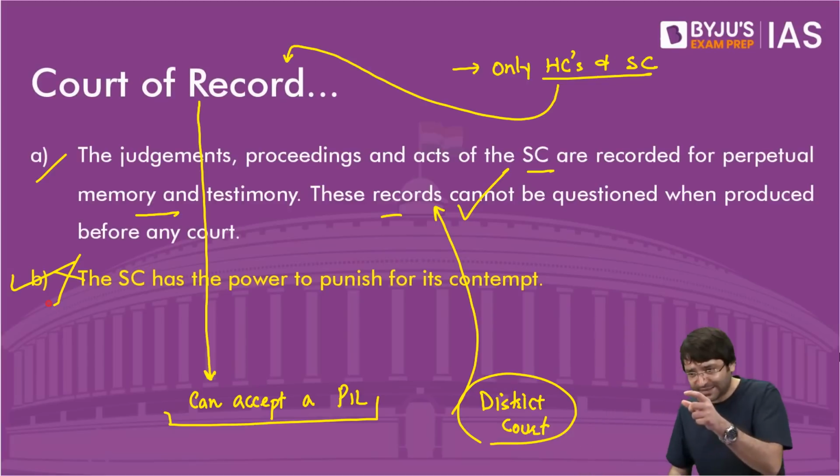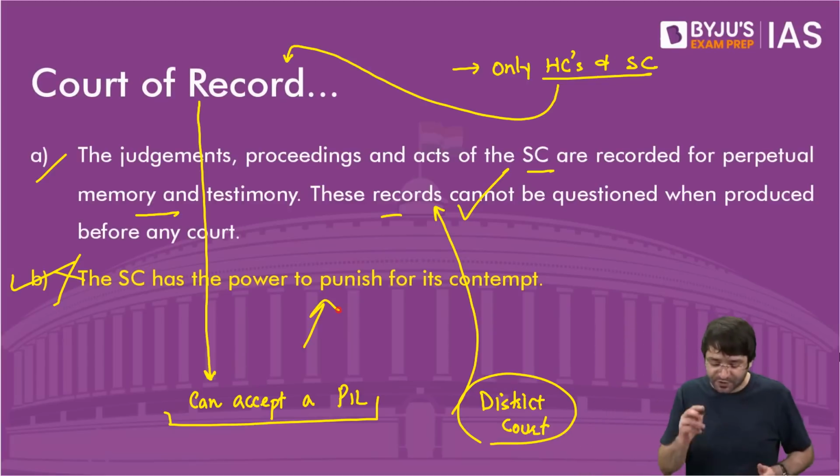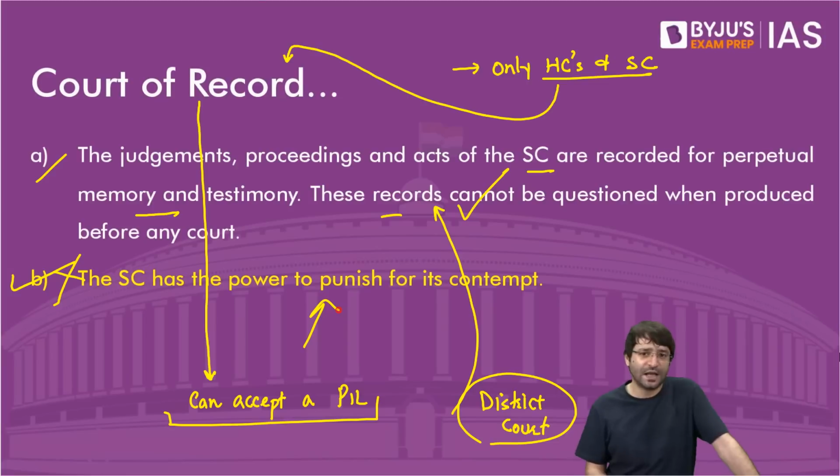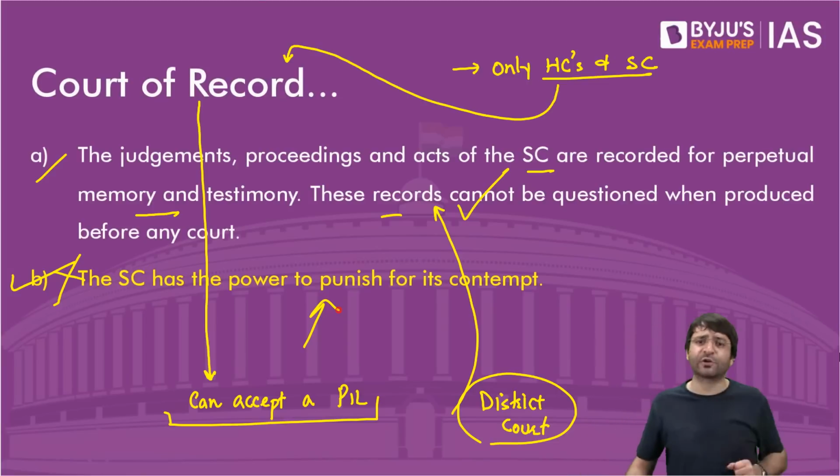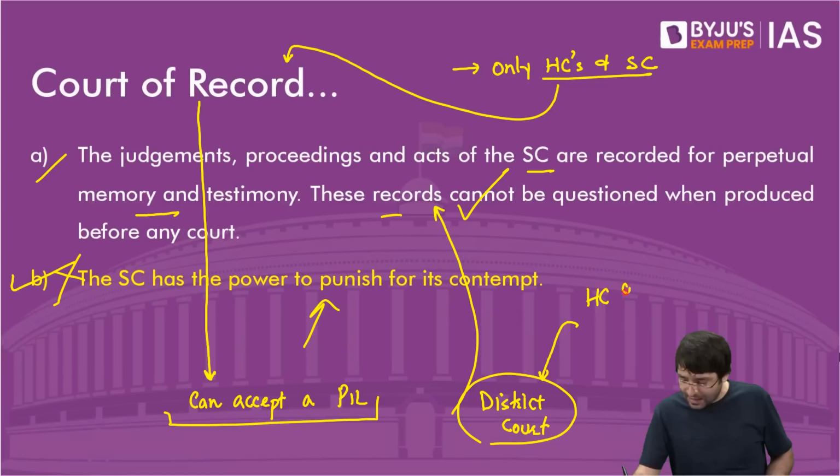But if somebody is committing contempt of a district court, it itself cannot punish. That doesn't mean you can commit contempt of a district court. If you commit contempt of the district court, the High Court of that state shall punish for contempt.